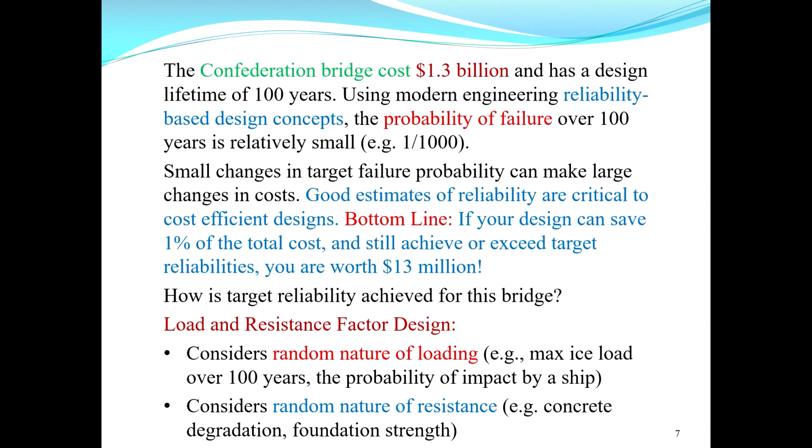These things are all random, particularly in terms of time. Anybody that's looked at a bridge in Halifax recently knows that after 50 to 75 years, those bridges don't look that great. There's often a fair amount of corrosion taking place, and we know that the strength is degrading. So we have to start looking at them fairly carefully to make sure that they still achieve their target reliability levels.